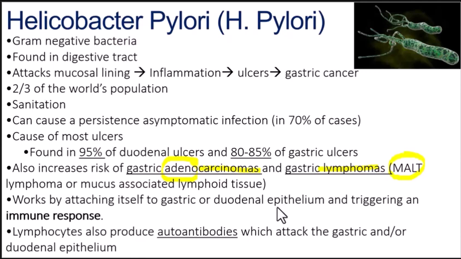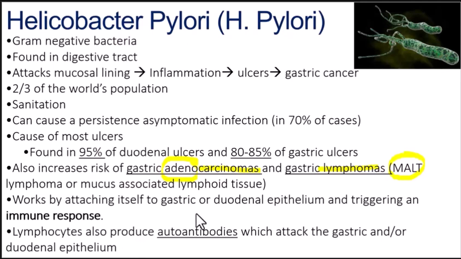And like we know with any immune response, we're going to get recruitment of immune cells, such as macrophages, neutrophils, lymphocytes. This can lead to the release of inflammatory cytokines, which in some cases can start to promote cellular injury. And once we have cellular injury, we're probably going to start having symptoms.